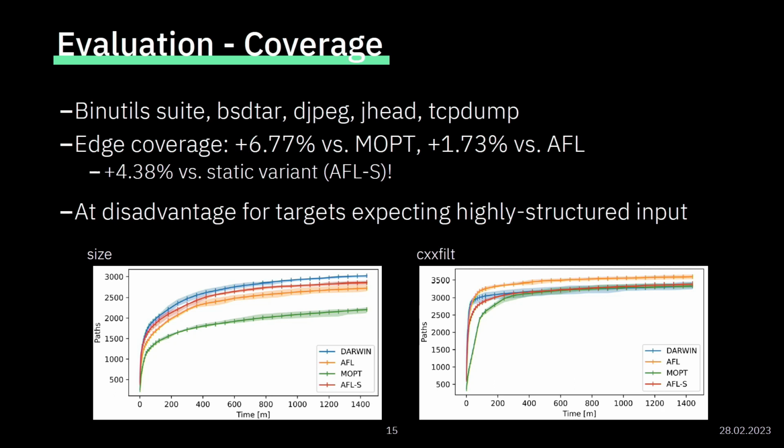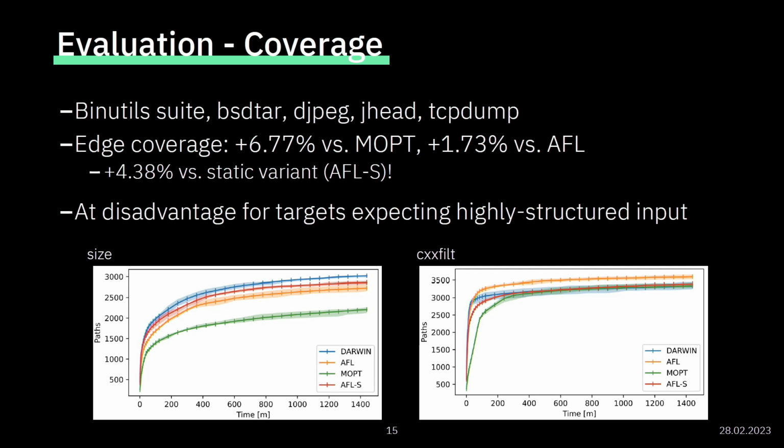More important for us, we also tested the static versus dynamic problem by pre-optimizing a vector and then loading it in the next fuzzing campaign to see how it performs. There we also saw a relatively big improvement over the static variant.